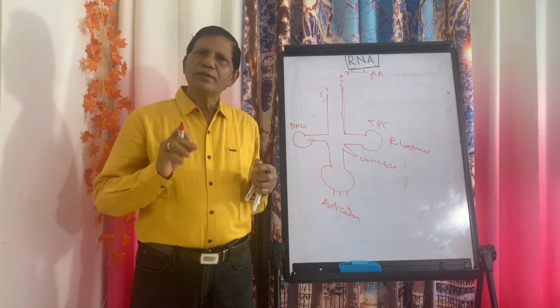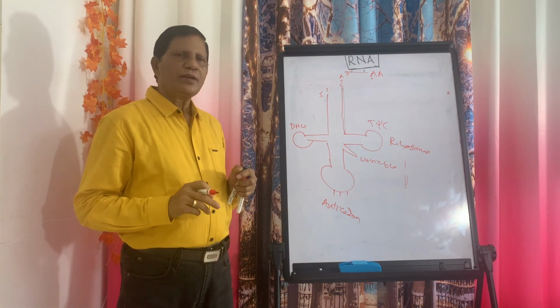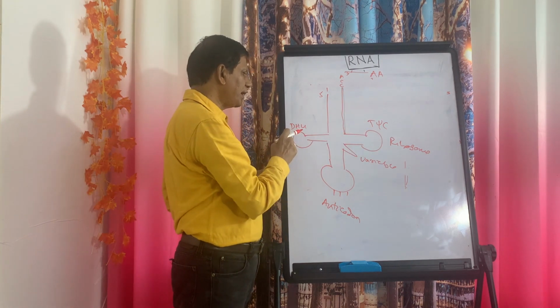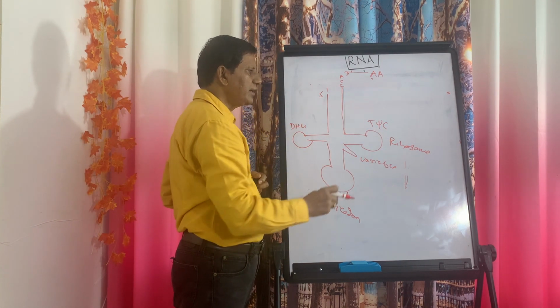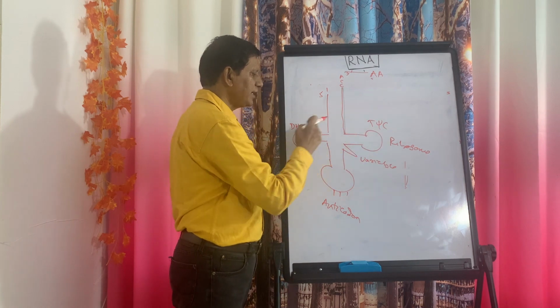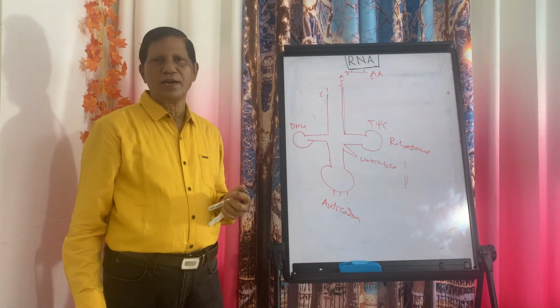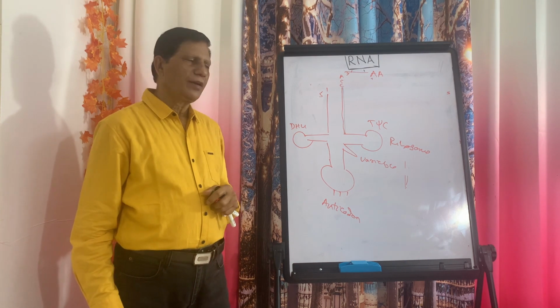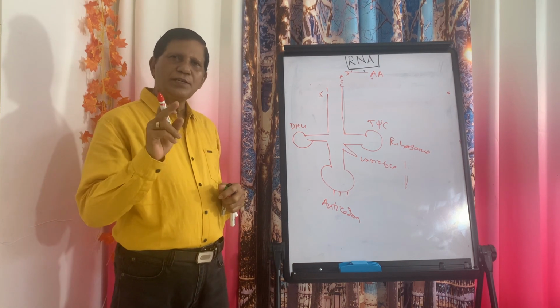One student asked me that in his book, the T psi C loop is given on the left side and the DHU loop on the right side, but I am telling that it is the other way. Which is correct? I told him you are correct and I am also correct. Then he asked how. I told him, you see your book.